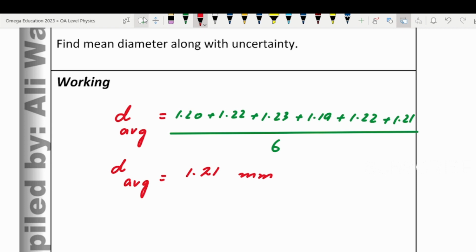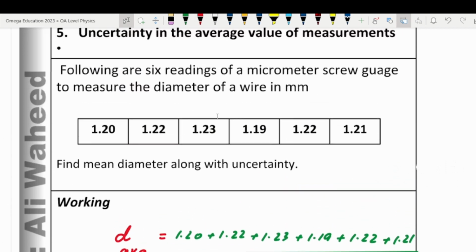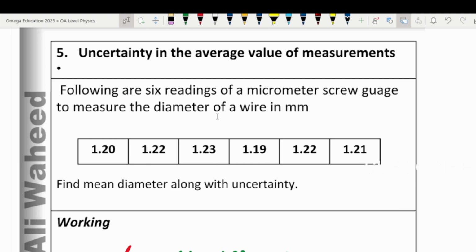Now, how much uncertainty is there? In order to find the uncertainty in this situation, you have to find the mean deviation of each reading from the average value. Let me write it over here.